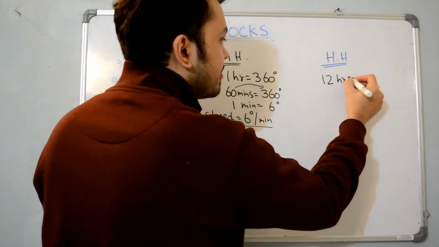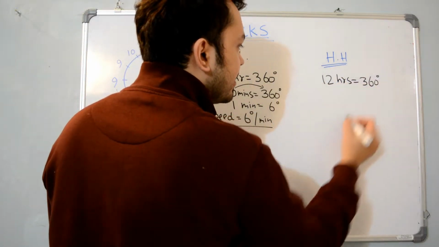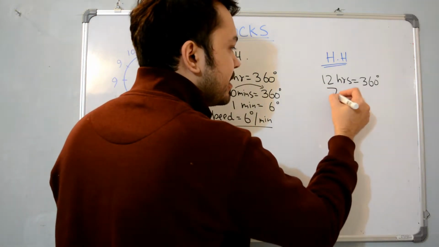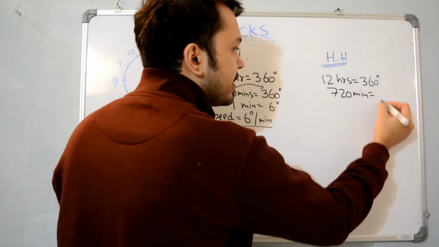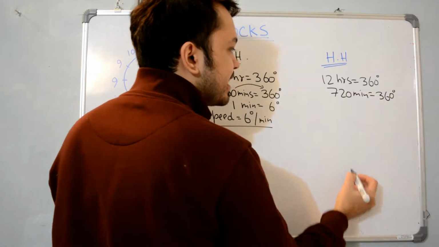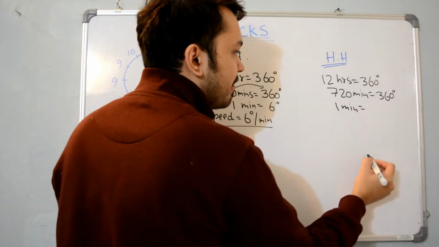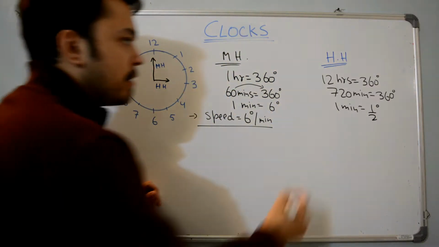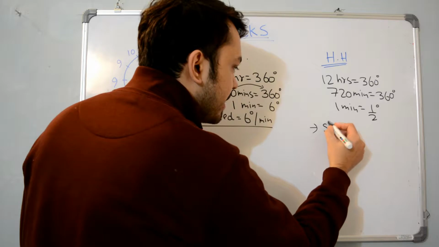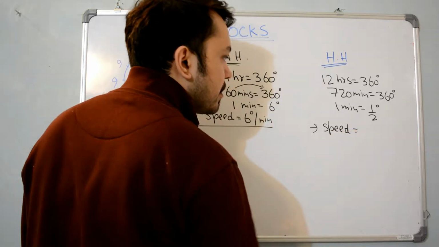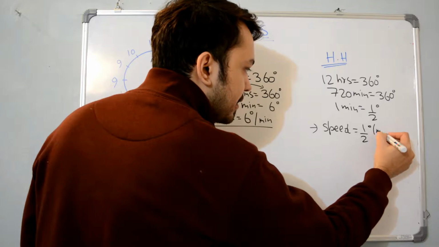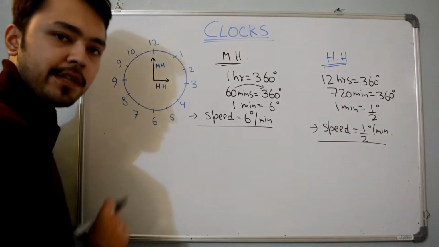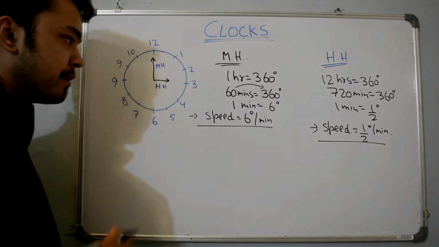So 12 hours is equal to 360 degrees. 12 hours is equal to how many minutes? 12 into 60, that will be 720 minutes, which is equal to 360 degrees. So 1 minute will give me 360 upon 720, that will be half a degree. Clear? So the speed of the hour hand will be how much? Half a degree per minute. These are our two very important results, right, which we'll be using further.